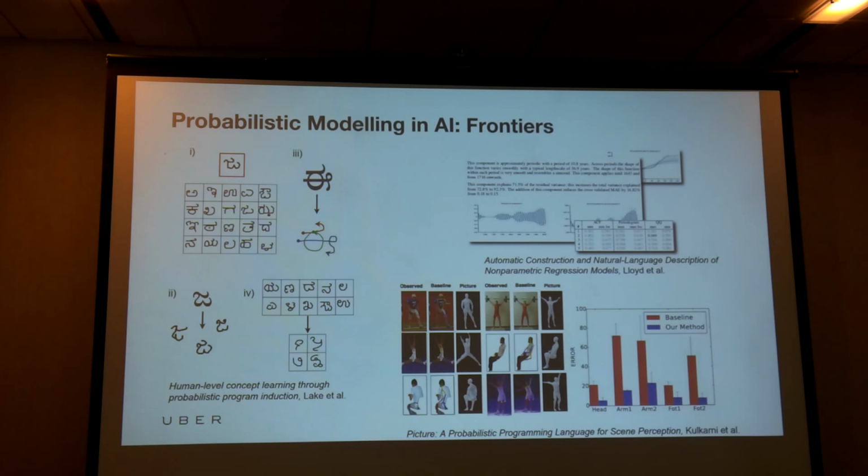Okay, so remember at the beginning, we talked about all these cool advances in AI and machine learning that were brought about by building rich, structured, customized probabilistic models and doing inference in them.